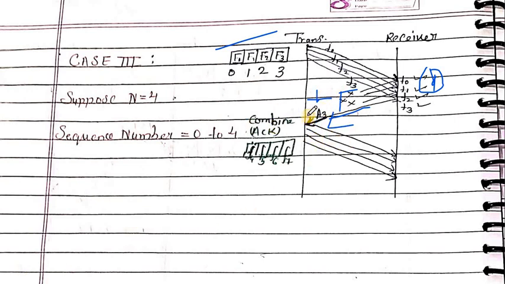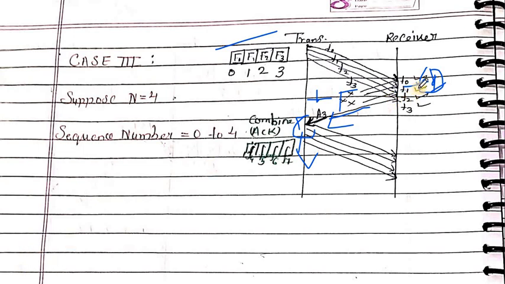Here the transmitter concludes that if the receiver sent the acknowledgement A3, then it must have received all the previous packets.